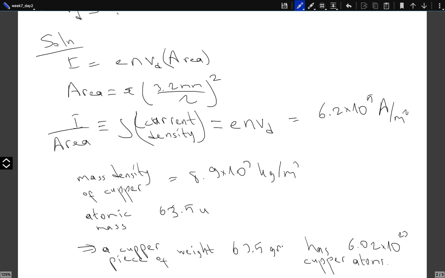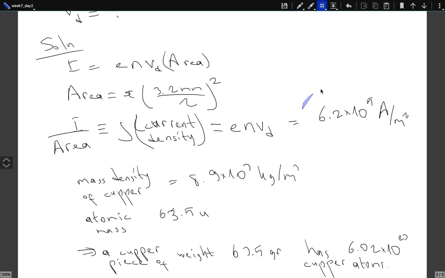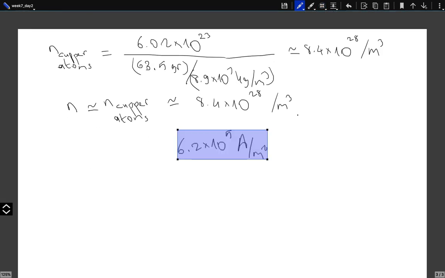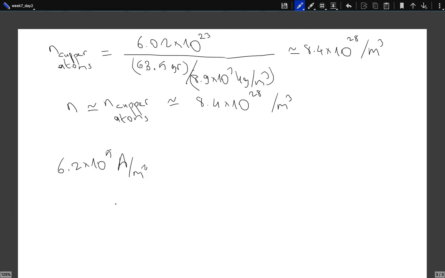Now let's go back. We know the current density. This should be equal to e, the charge of 1 electron, which is 1.6 times 10 to the power minus 19 coulombs, times the number density, which is 8.4 times 10 to the power 28 per meter cubed, times the drift velocity.